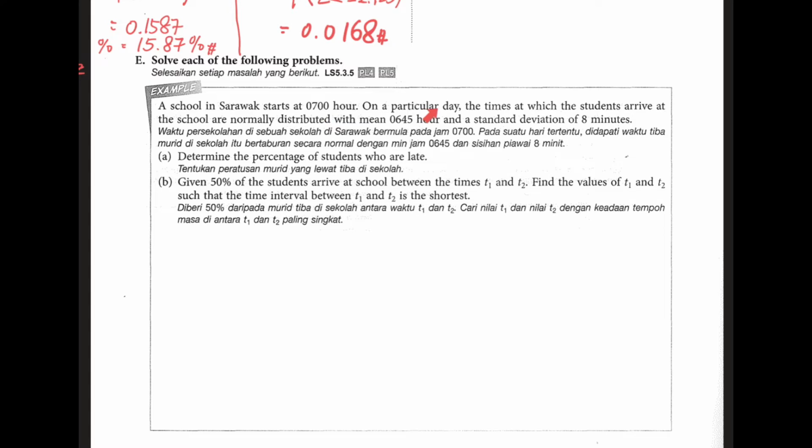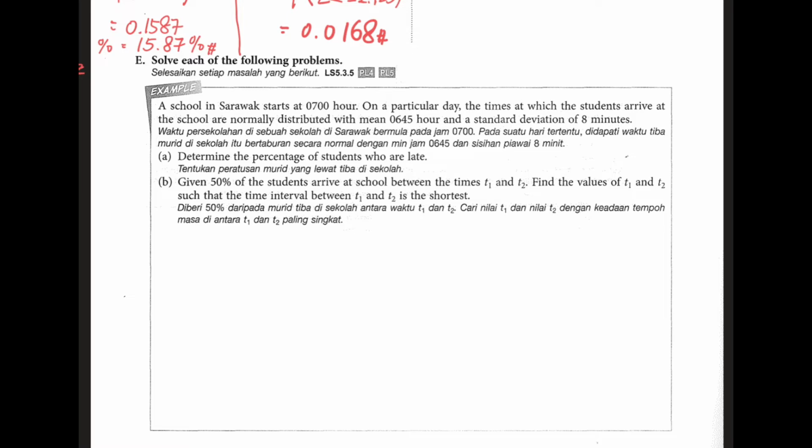On a particular day, the times at which the students arrive at the school are normally distributed with mean 0.645 hours and a standard deviation of 8 minutes. Determine the percentage of students who are late.